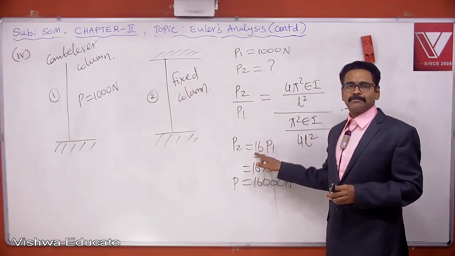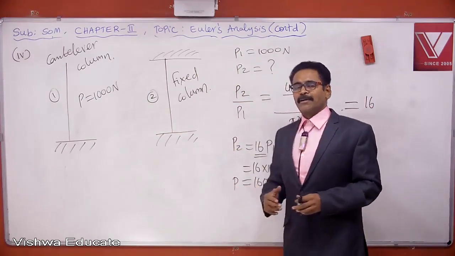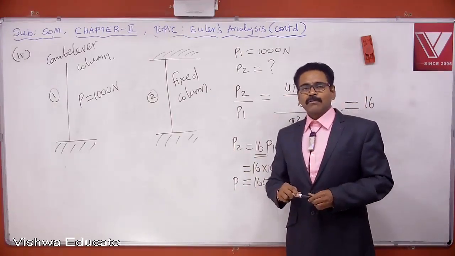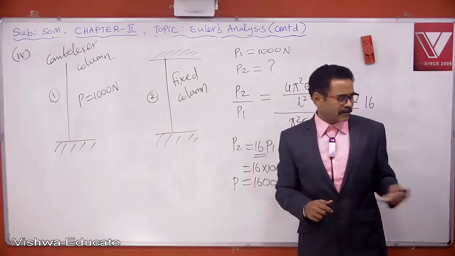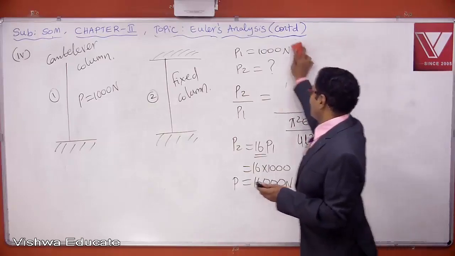If a cantilever column is converted into a fixed column, critical load will be incremented by how many times? 16 times. Critical load becomes 16 times of the original critical load. So this is a very popular question, right?